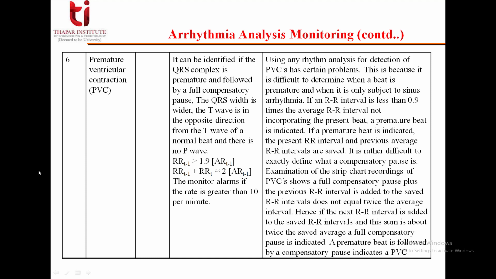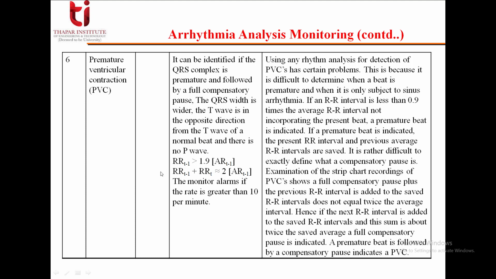Now we have another, that is premature ventricular contraction, PVC. It can be identified if the QRS complex is premature and followed by a full compensatory pause. The QRS width is wider. The T wave is in the opposite direction from the T wave of a normal beat, and there is no P wave.